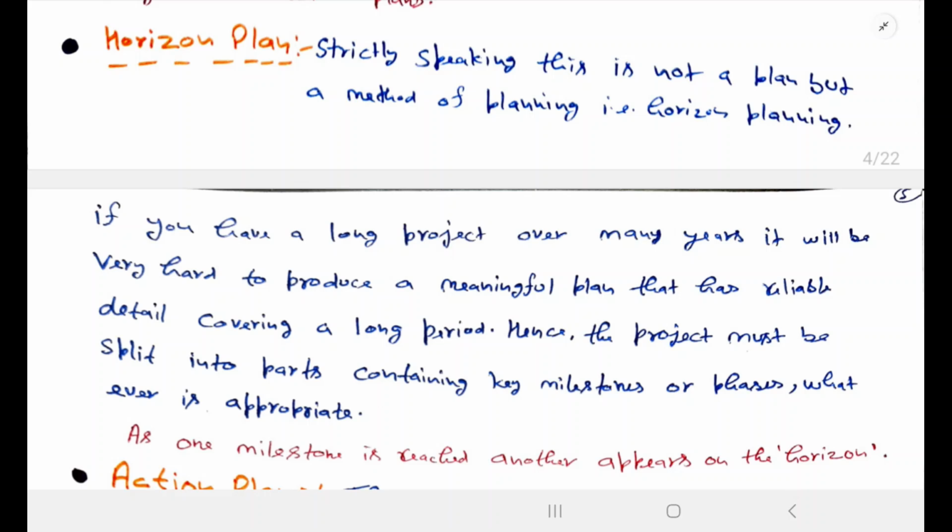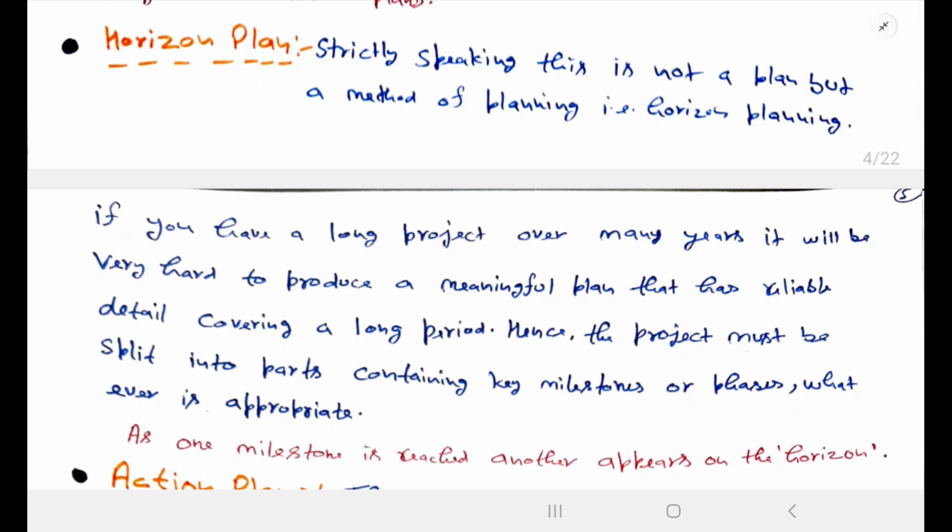After reaching that particular milestone you will plan for another milestone. At present you are in a ground area, so the plan should be different, and after 200 or 300 kilometers you will be in hill areas, then the plan will be different for that area.